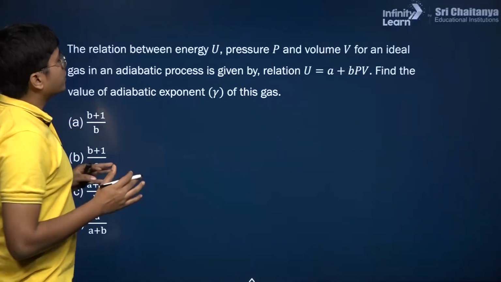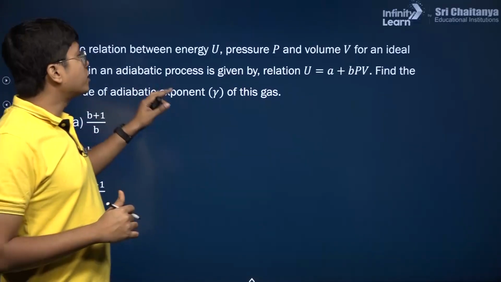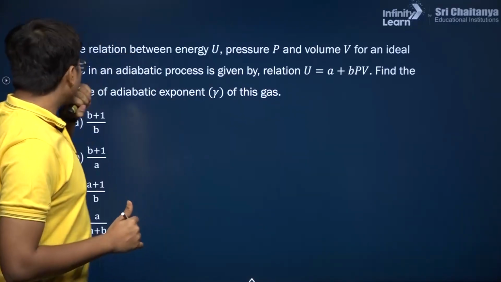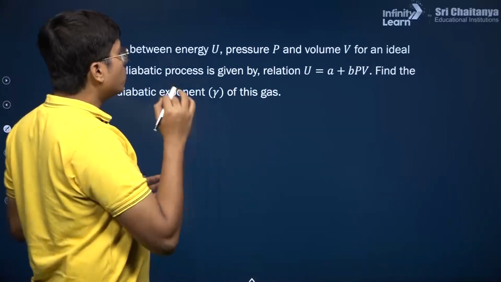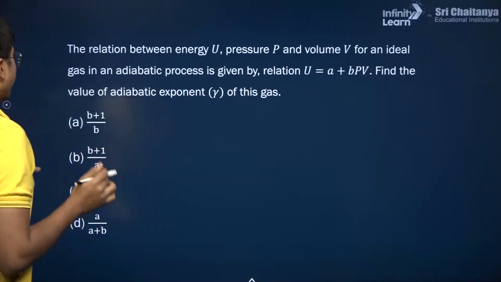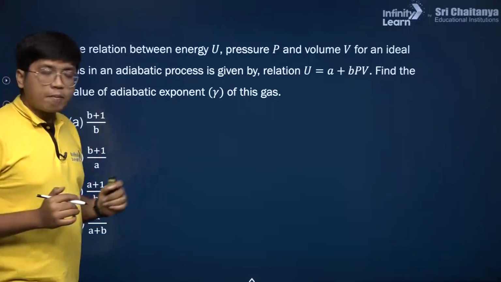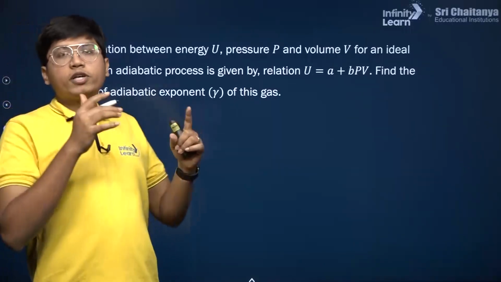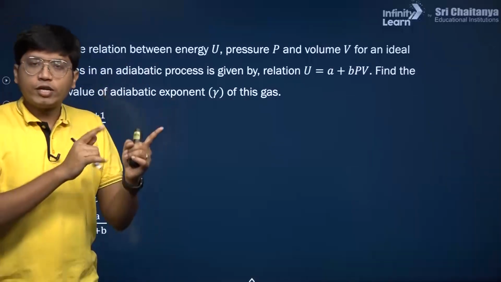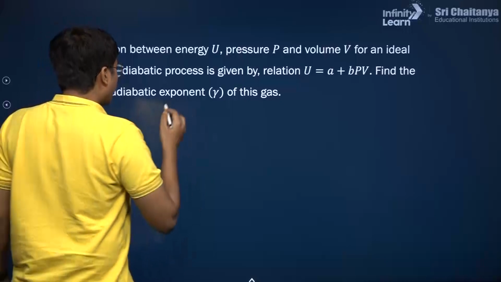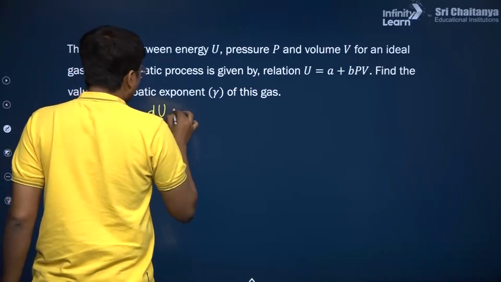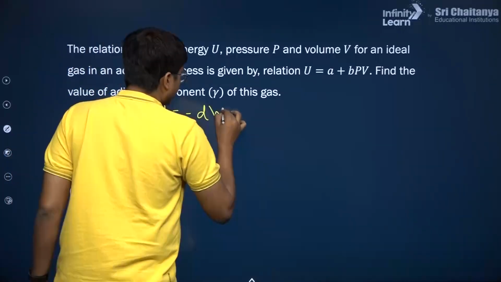This says the relation between the energy U, pressure P and volume V for an ideal gas in an adiabatic process is given by the relation U is equal to A plus BPV. Find the value of the adiabatic exponent gamma of this gas. In an adiabatic process, we know that dQ is 0. So by first law of thermodynamics, du should be equal to minus dW.